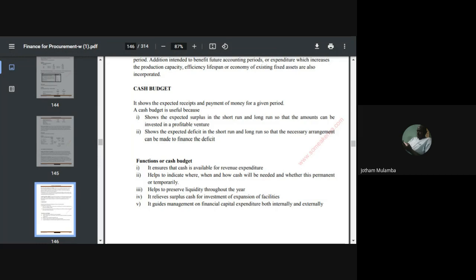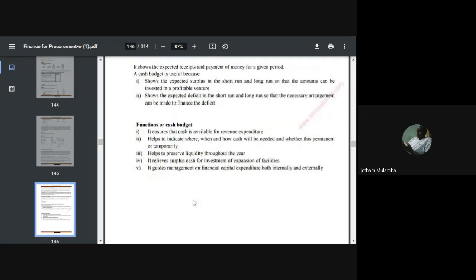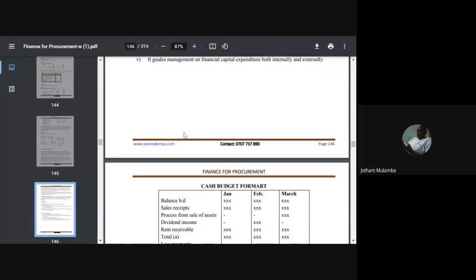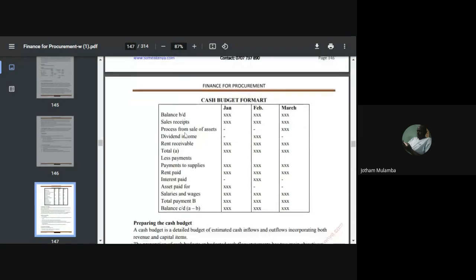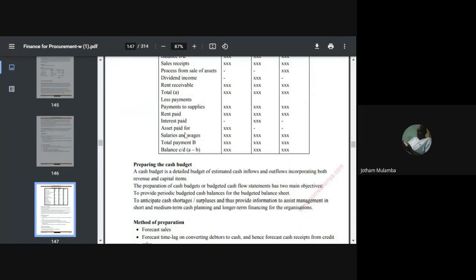If we cannot effect those payments, then we will suffer, or most of the suppliers will start withdrawing their services. When they withdraw the services, it will pile pressure on management, and at some point, that pressure might be higher than what management can accommodate. If management fails to accommodate, it might lead to closure of the business. And a number of businesses have closed because of that.